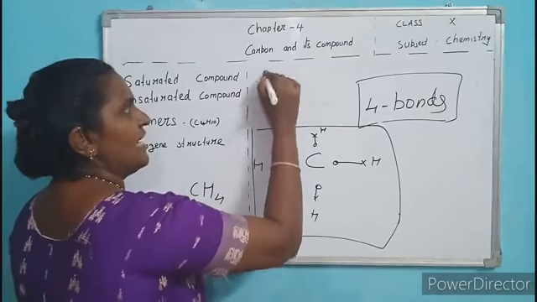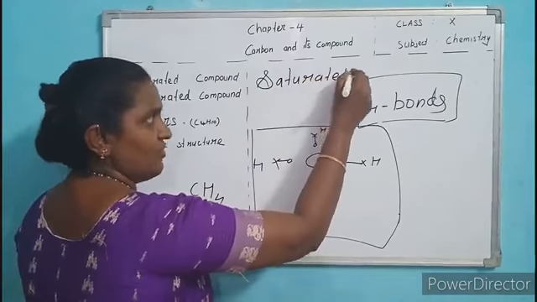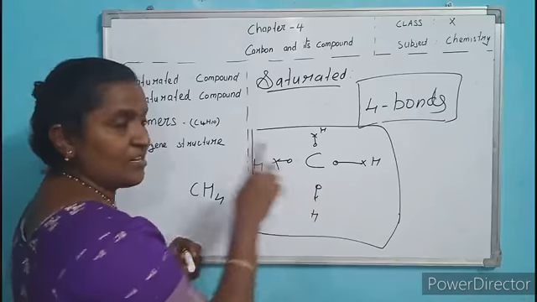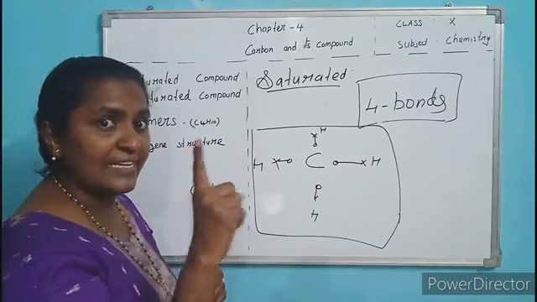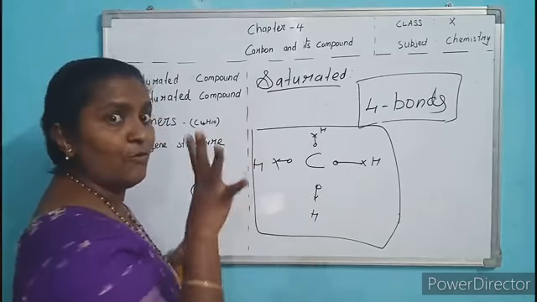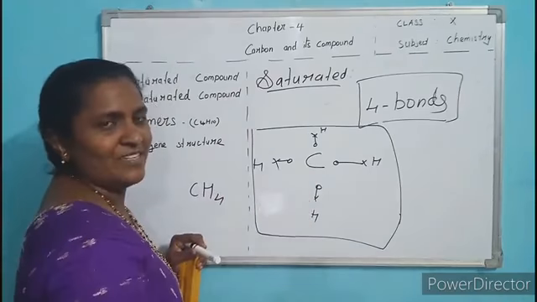Now I am telling this is called saturated compound. Why is it called so? Because carbon made 4 single bonds. This is one, this is one, this is one, this is one. 4 single bonds made by carbon.